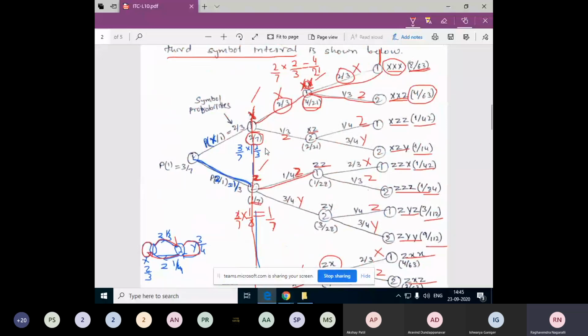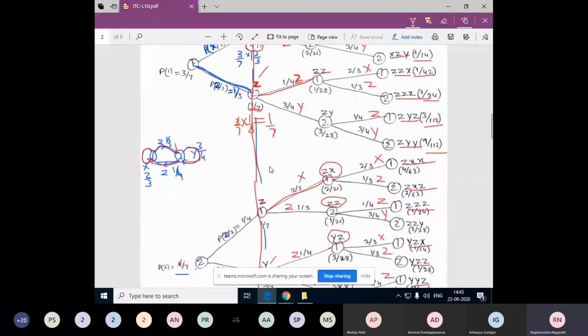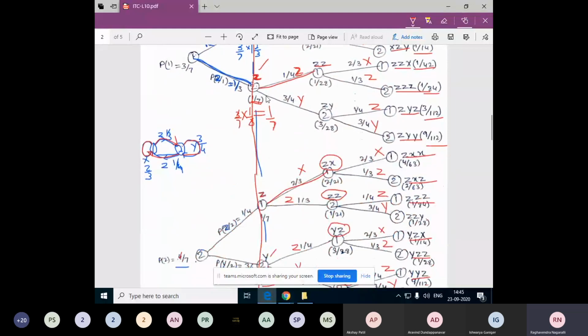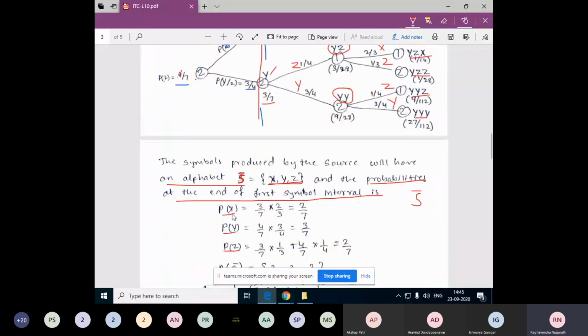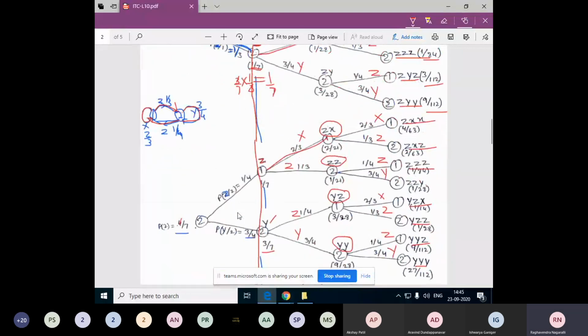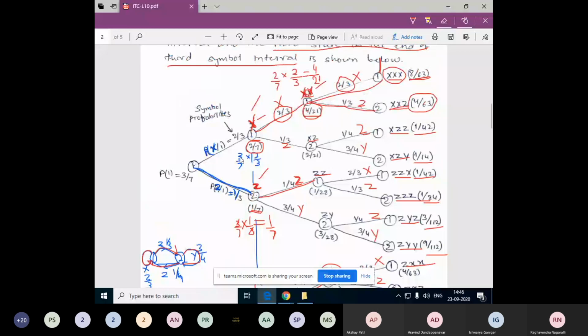So the different symbols emitted at the end of the first state are X, Y, and Z. These are the probabilities of occurrence of X, Y, Z. We have calculated P of X here. The probability of occurrence of X is 3 by 7 into 2 by 3, which gives 2 by 7. So P of X is equal to 2 by 7.